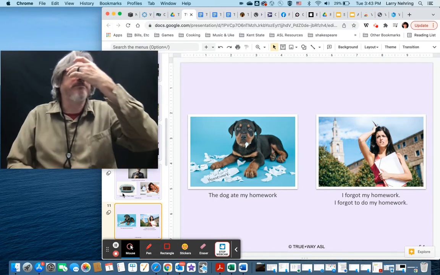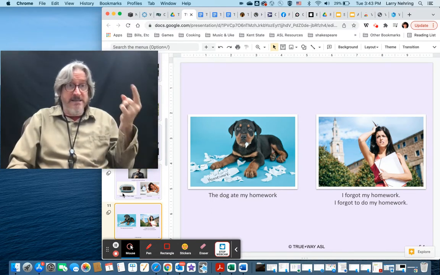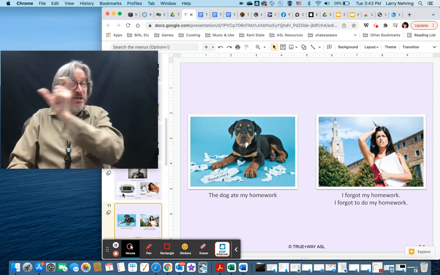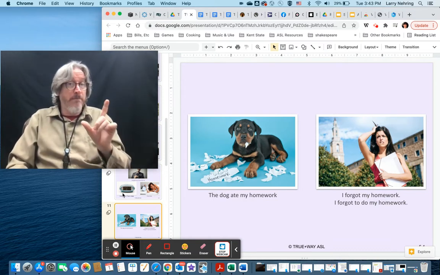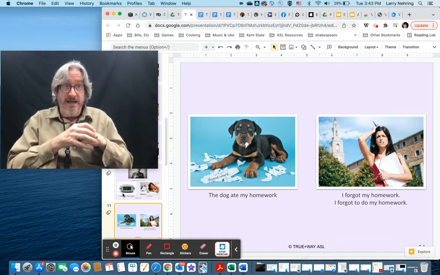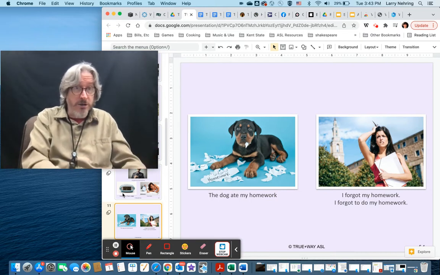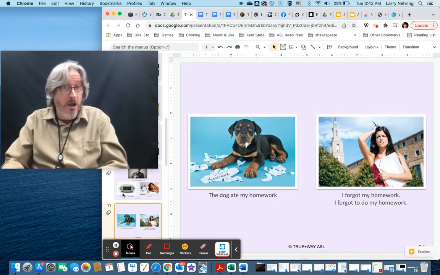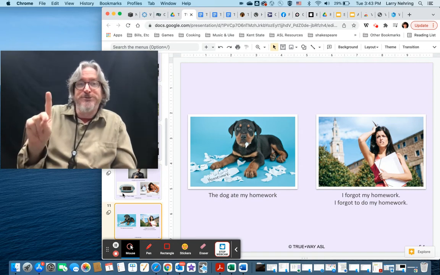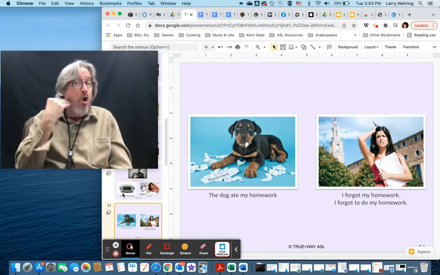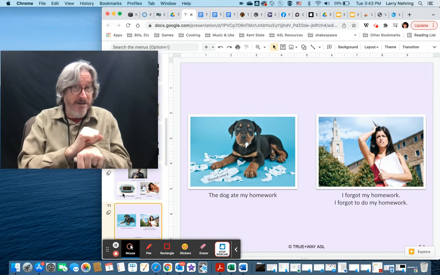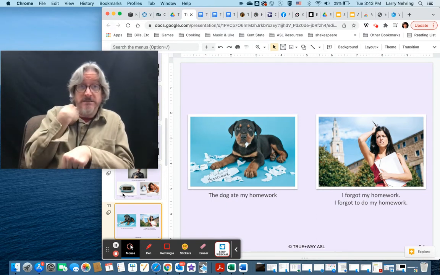Dog ate my homework. This is a good way of practicing that object, subject, verb grammatical structure that we talk about in ASL 1. So you're going to say the homework my dog ate, right? Homework, so it's the object, dog ate.